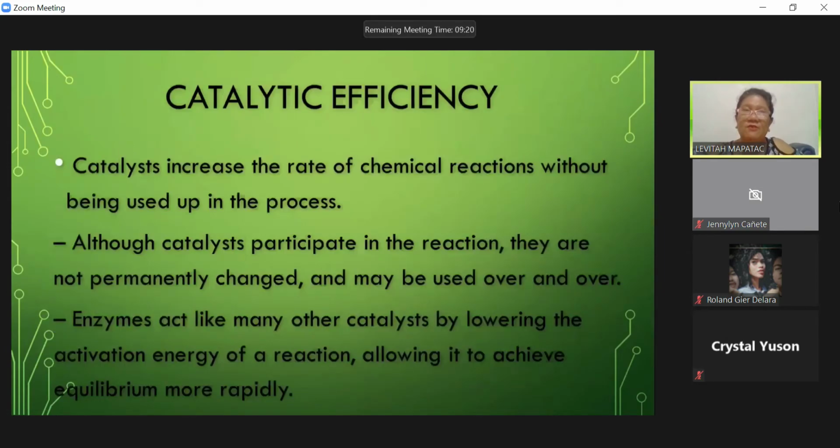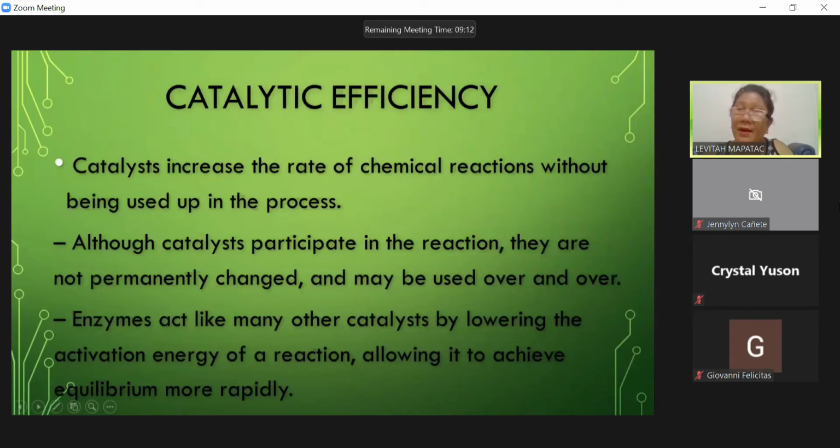How about its efficiency? So, in every process that it is used. Although catalysts participate in the reaction, they are not permanently changed and may be used over and over again.